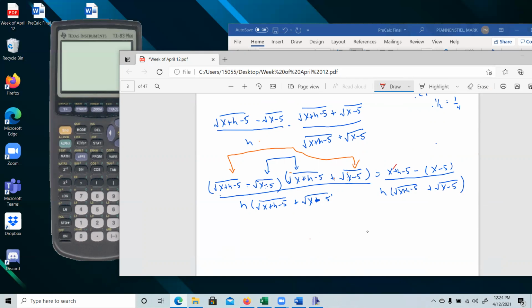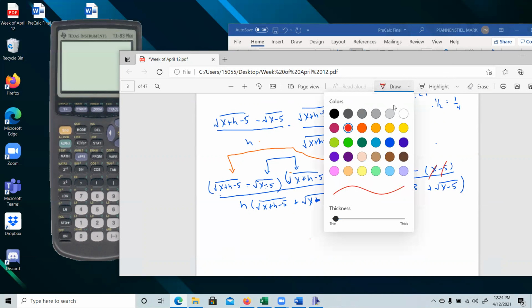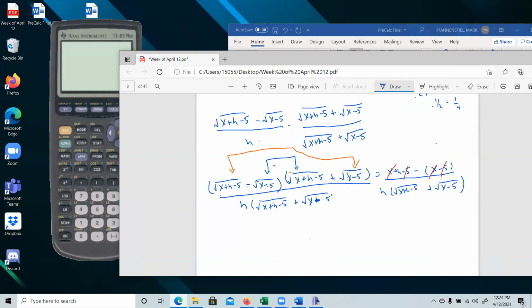We have an x, we have a minus x, we have a minus 5, we have a plus 5. Don't forget to distribute. So what do we have at the end here? We have an h. We have a square root of x plus h minus 5 plus square root of x minus 5.